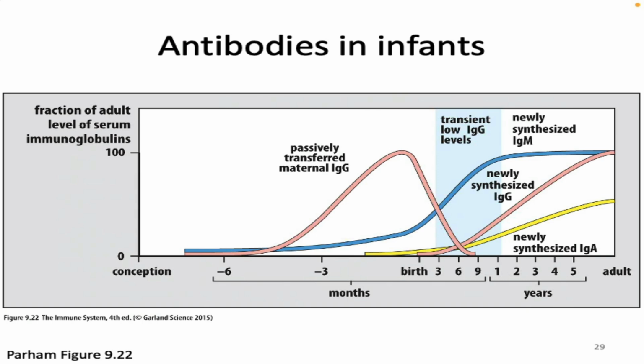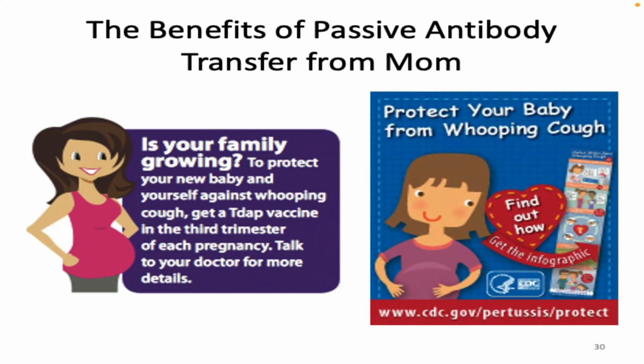One other big thing that people have been thinking about a lot on this front is that we know that IgG from mom can cross the placenta. So what happens if we give vaccines and we immunize pregnant women? Can we actually protect their babies by having those antibodies go across the placenta and into the fetus? And there's lots of great evidence on that. One of the most famous places where there's evidence on this is that pertussis, whooping cough, is really deadly to really small babies.